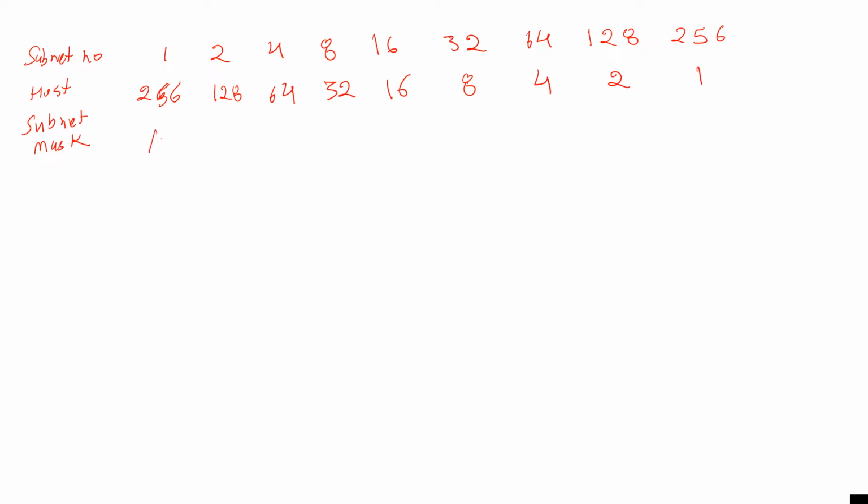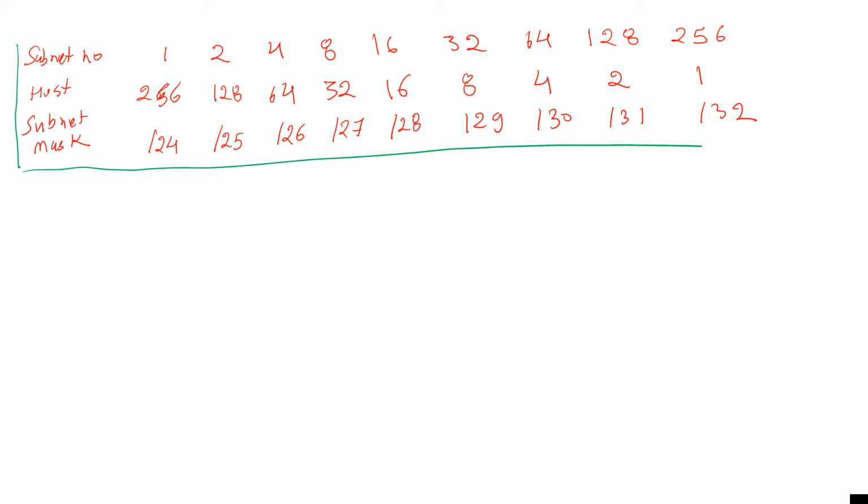Subnet mask: slash 24, 25, 26, 27, 28, 29, 30, 31 plus 32. So this is our table.